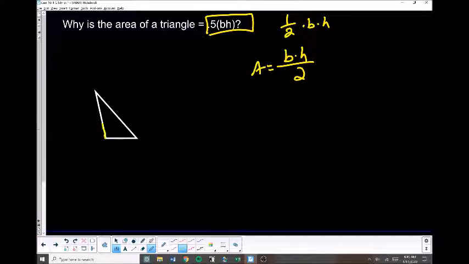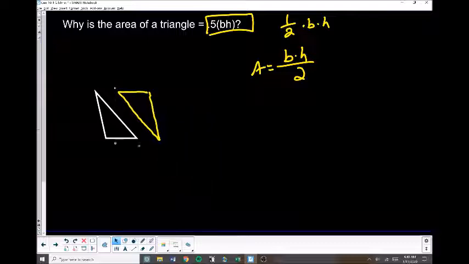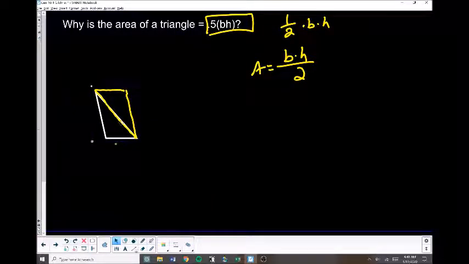I'm going to take a copy of this triangle and rotate it 180 degrees. When I put it back on, it forms a parallelogram. All these sides are parallel.